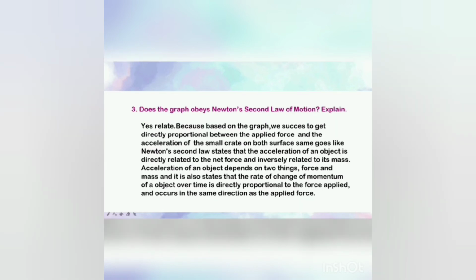Number 3. Does the graph obey Newton's second law of motion? Explain. Yes, it does. Because based on the graph, we succeed in getting a directly proportional relationship between the applied force and the acceleration of the small crate on both surfaces. Newton's second law states that the acceleration of an object is directly related to the net force and inversely related to its mass.